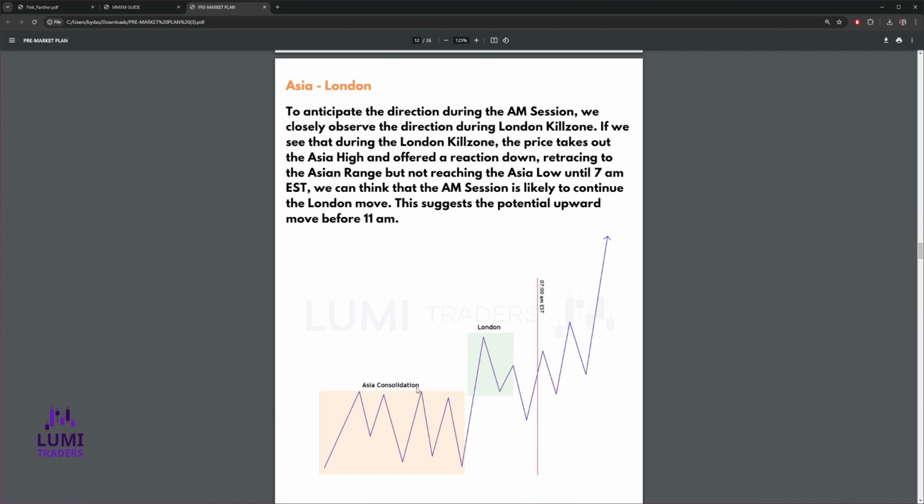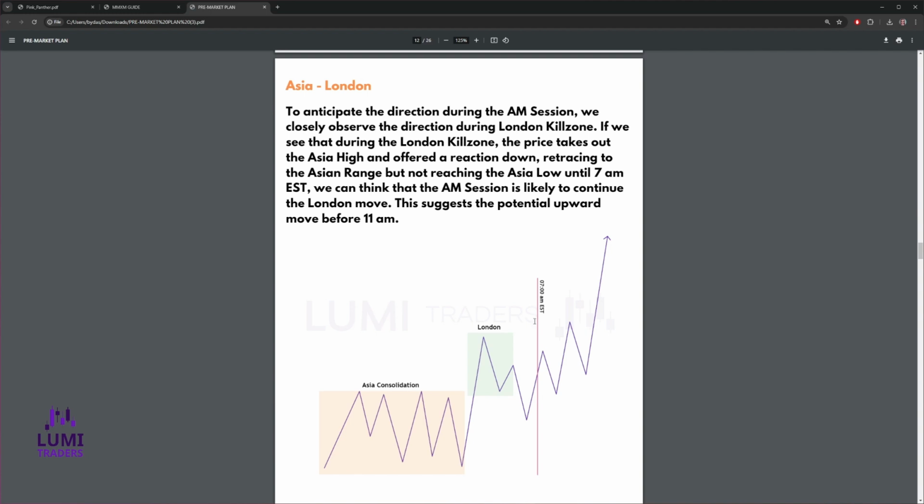Once again, Asian consolidation is 8 p.m. to midnight, New York midnight. So after we got a move during London above Asia high, then we got a retracement back to the Asian range, but Asia low never was taken until 7 a.m. Eastern time.